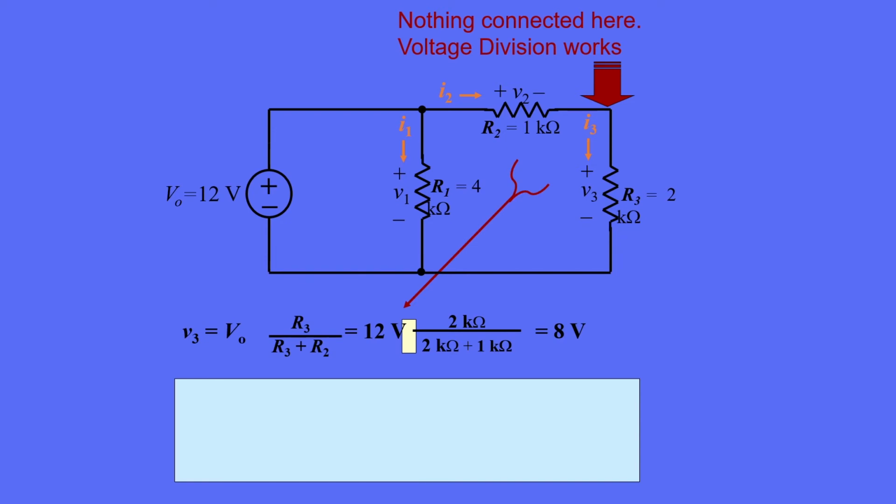The result is that V3 is equal to V0 times R3, the resistor we want, over R3 plus R2, the sum of the two resistors. If we plug in the numbers shown in the circuit, 12 volts, 1 kilo ohm, and 2 kilo ohms, we get the result, 8 volts.